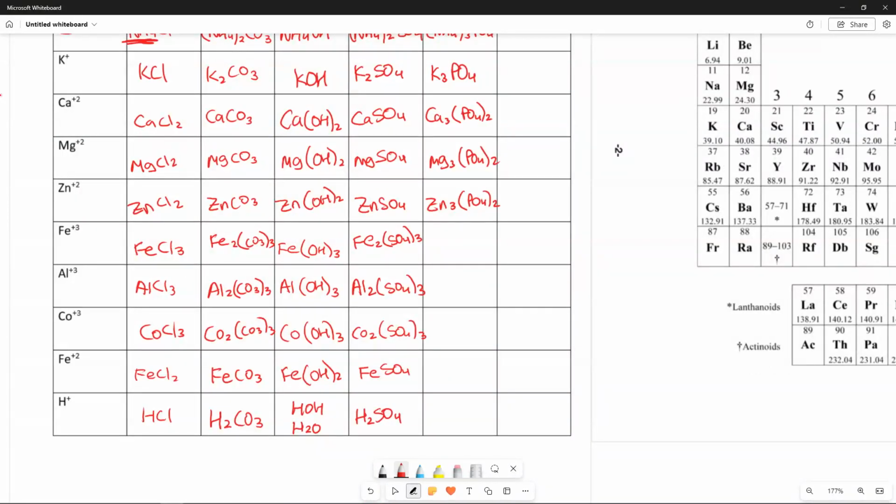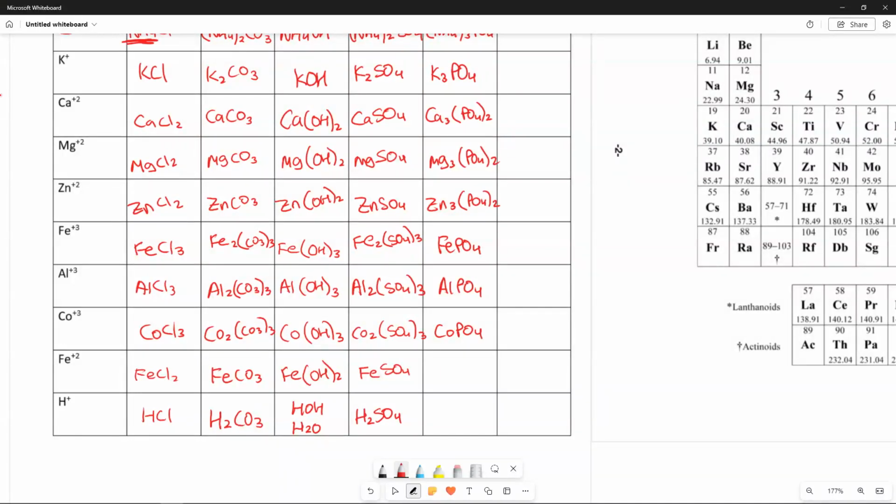Fe 3 plus, we have 1 of each because each has a 3 plus and 3 minus respectively, so FePO4 is your answer. Al 3 plus is the same deal, AlPO4. Cobalt has the same deal, CoPO4. Each has a 3 plus and 3 minus, and we're done.